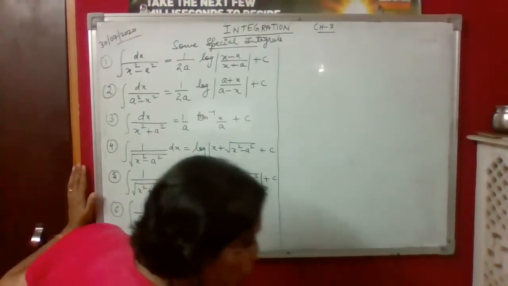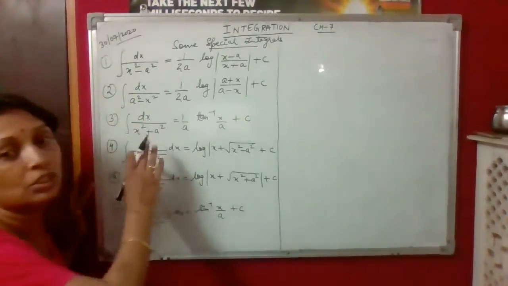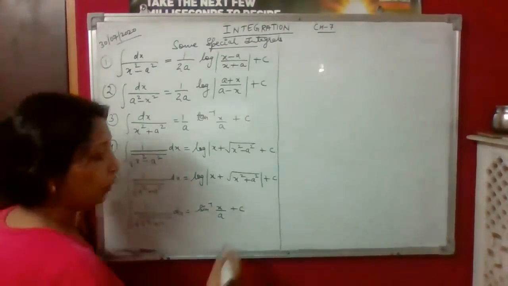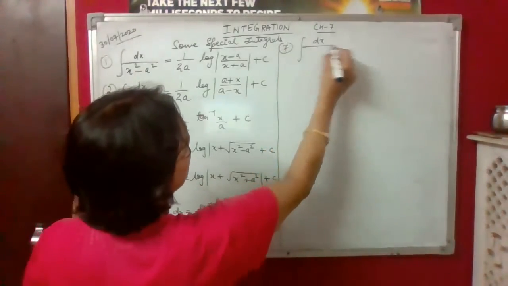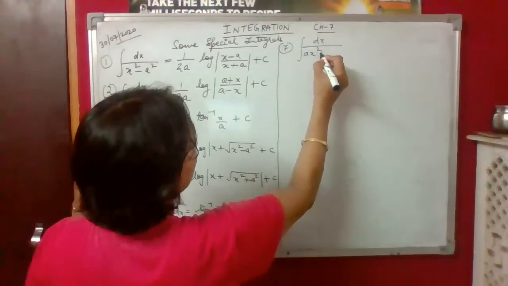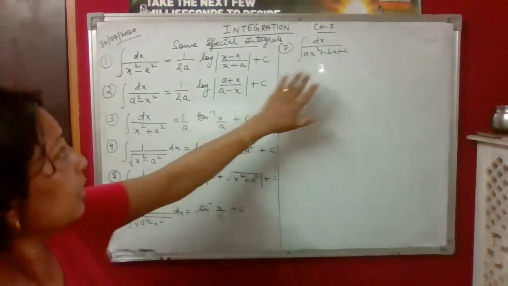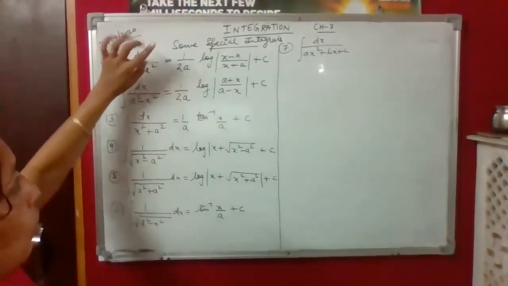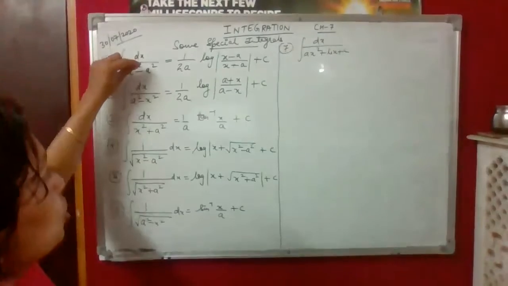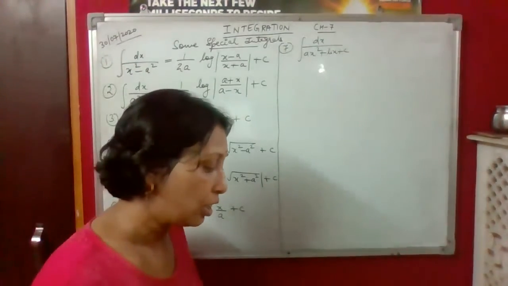In continuation with these, we have some integrals in which the form is not given directly, so we have to convert it to one of these forms. What do we do in that case? Let's take the integral dx upon ax square plus bx plus c. It is not directly in any of these forms, but it can be converted to one of the forms 1, 2 or 3 because it is without an under root sign.